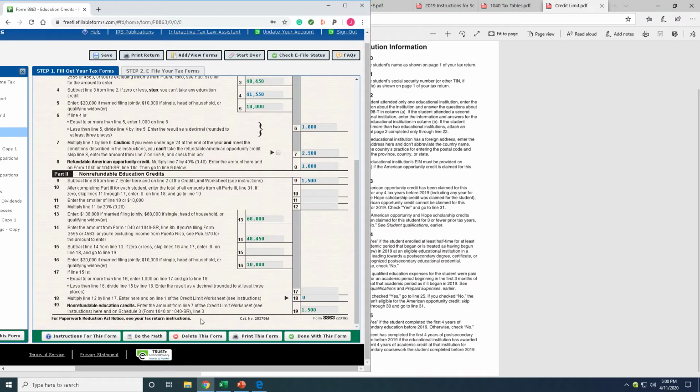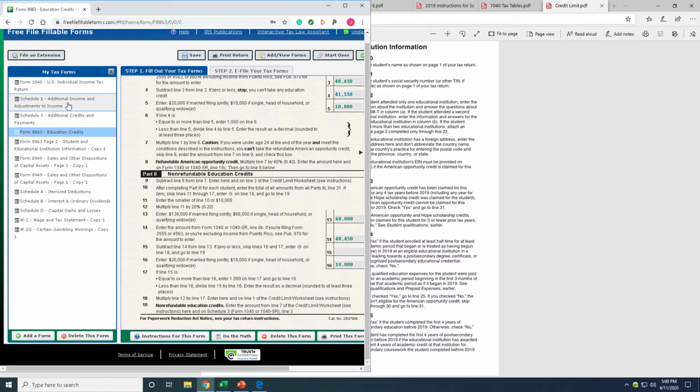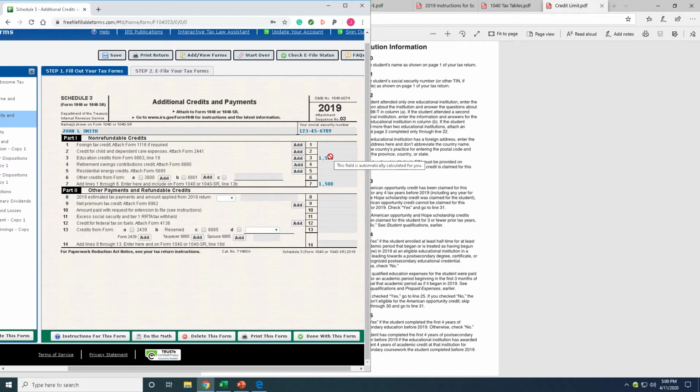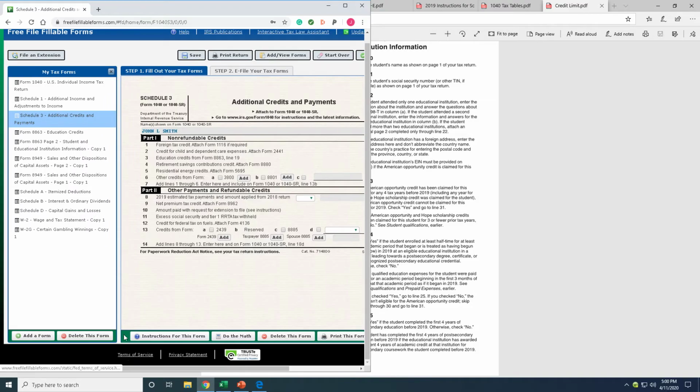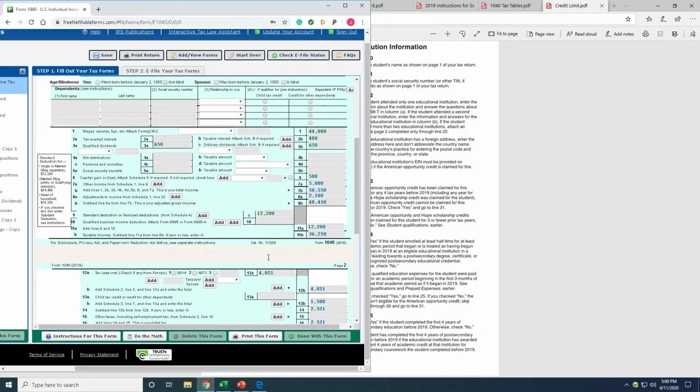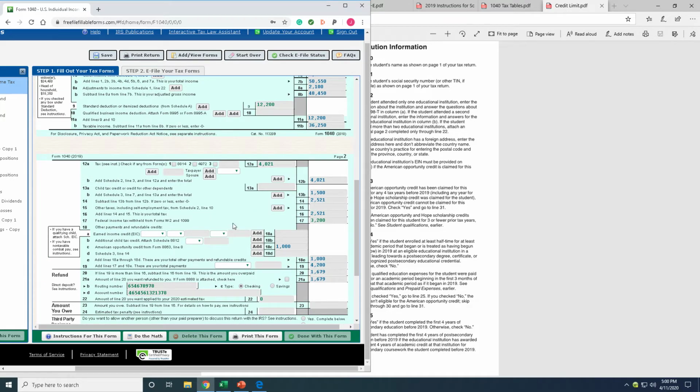And this will now tell you to go and put it on Schedule 3, line 3. 1,500. So this will then, once you click do the math, it will auto-populate to the 1040. Right here, the 1,500. Add Schedule 3, line 7, and line 7 and line 13A, and enter the total.